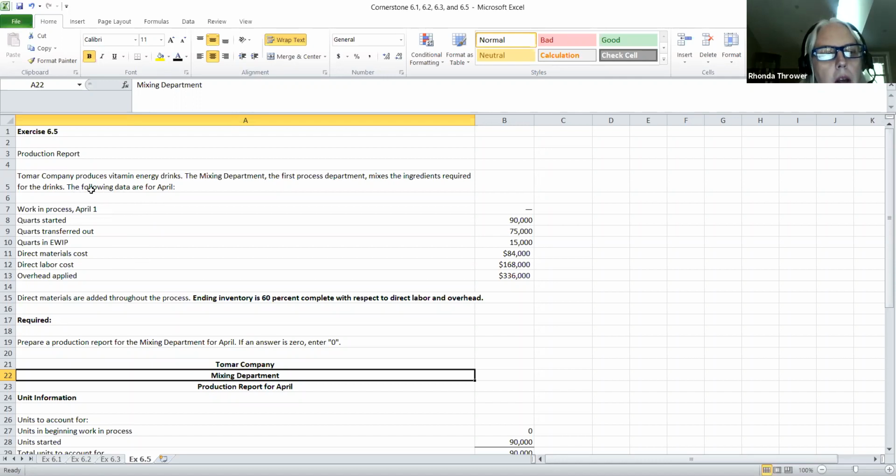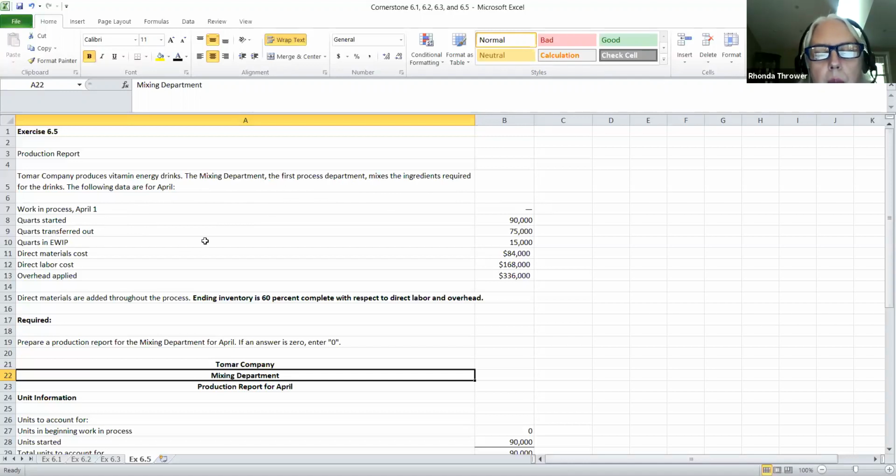The Tomar Company produces vitamin energy drinks. The mixing department is the first process department, and they're going to mix ingredients required for the drinks. The following data are for April. Notice in this company, they have no beginning inventory, but they do have some ending work in process inventory.